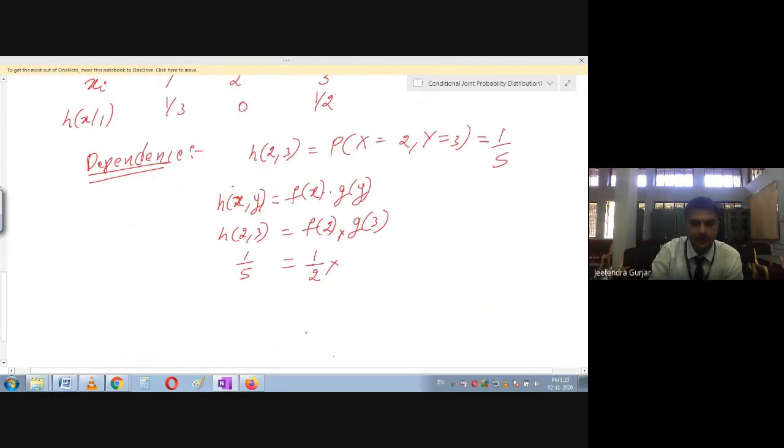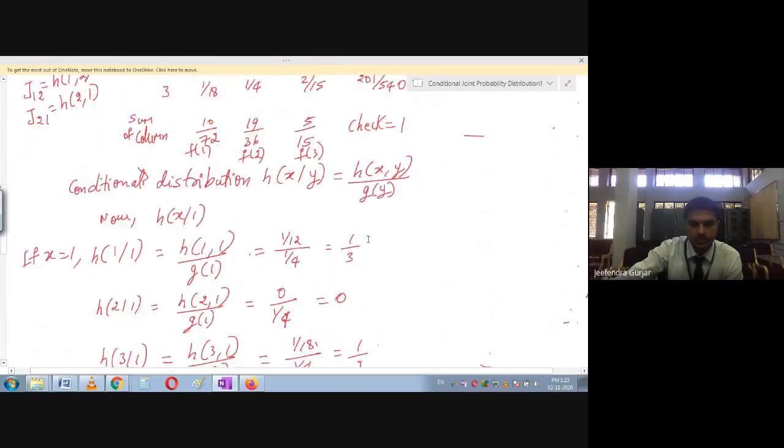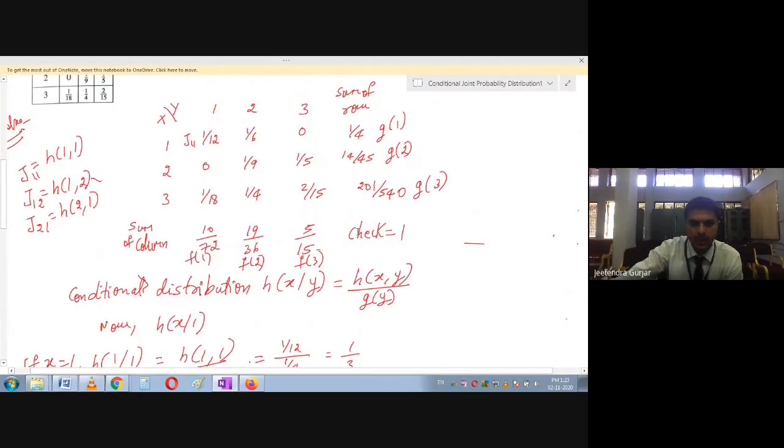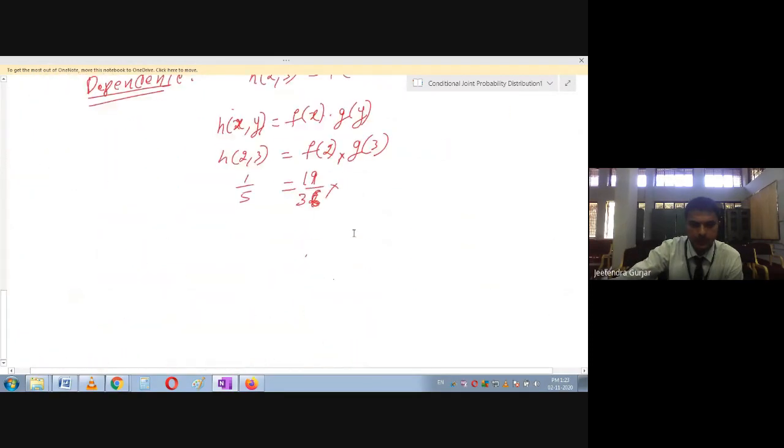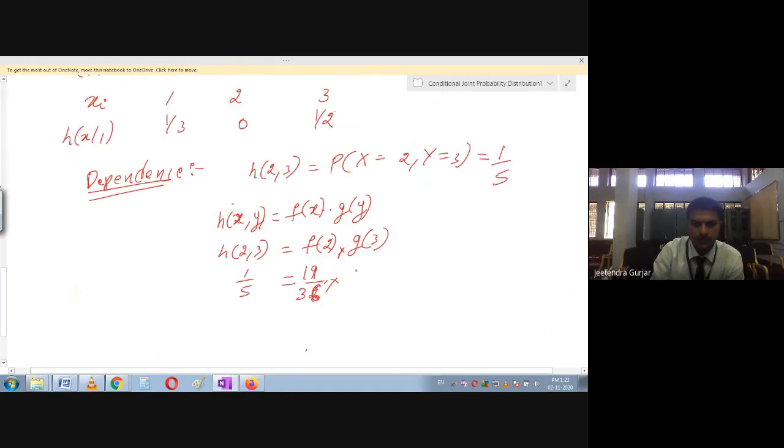Okay, just change here, it is 19 upon 36, students. Please correct this. Then g of 3, you can see here, g of 3, that is 201 divided by 540. So you can see it is 201 divided by 540, which is not equal.